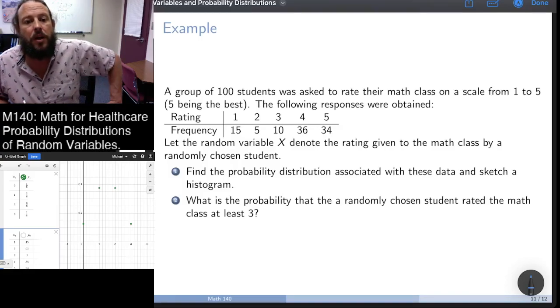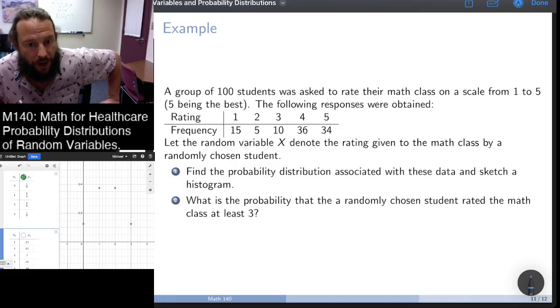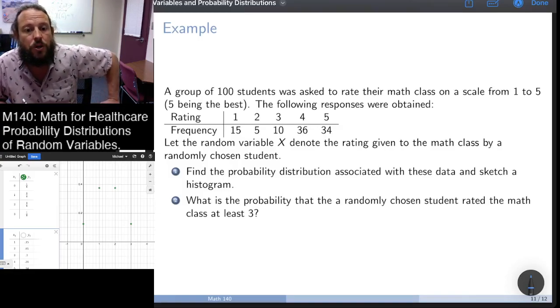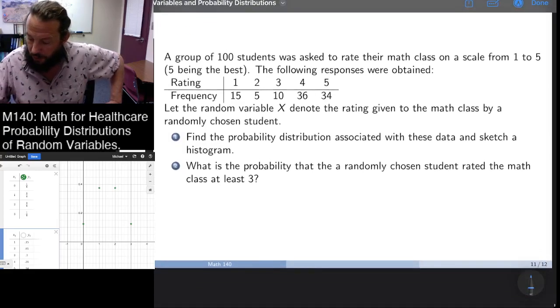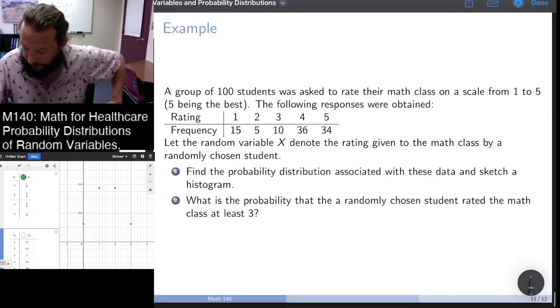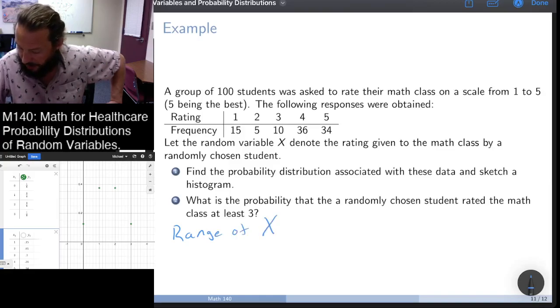All right, so here we want to find the probability distribution associated with this. First of all, what's the range of x? A random variable x could either be a 1, a 2, a 3, a 4, or a 5.